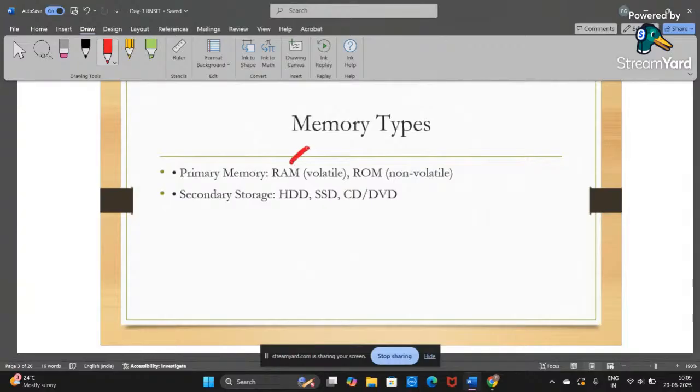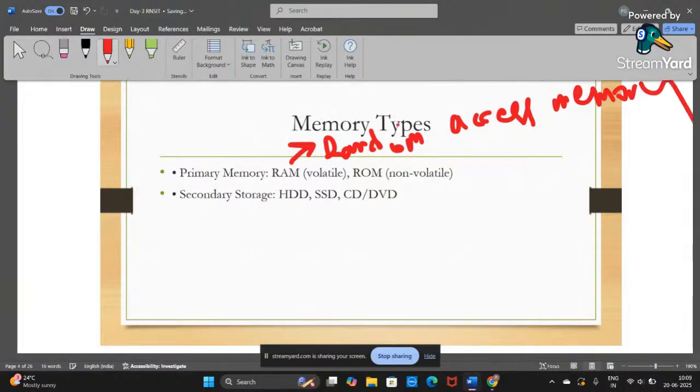What is the full form of RAM? Random access memory. Remember that data is lost when power is off.